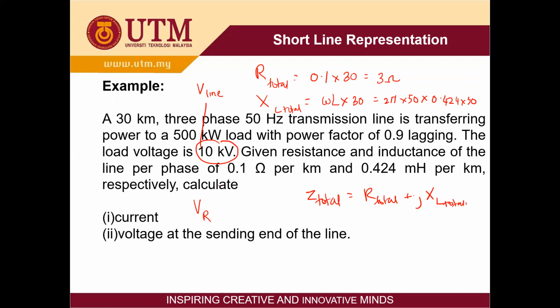Because we are analyzing the per phase equivalent circuit, we need to convert this line voltage into its phase value. So 10 kilovolts over square root 3.